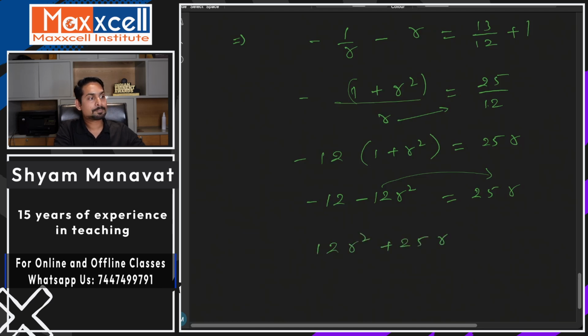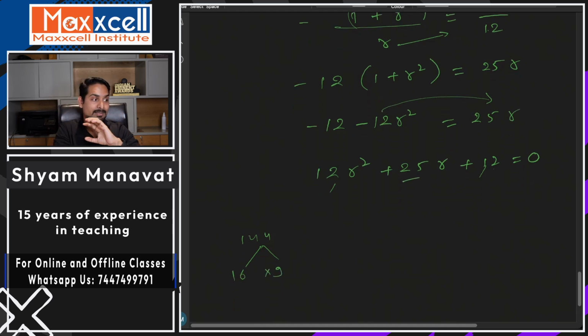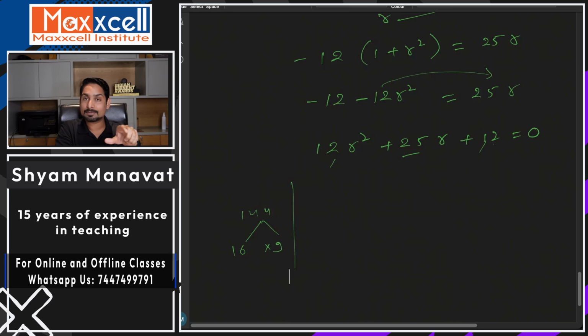Simplify this further. Here I got the product as 144 and I need two terms whose sum should be 25. 144, if you divide, you get 16 into 9 is 144, and 16 plus 9 will get you 25. If you have come across my concept builder videos of quadratic equations, I hope you can write the roots directly.